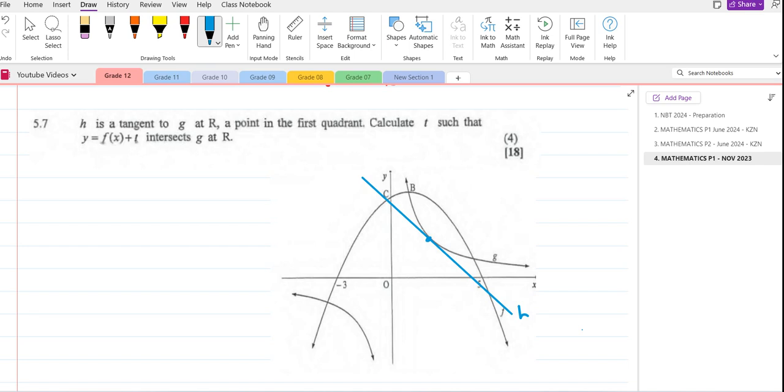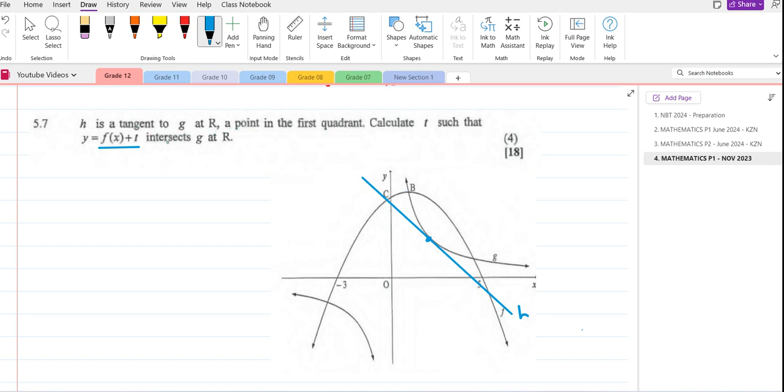Okay, first we need to find what f of x plus t is now. It intersects g at R. So you can have two equations of tangent lines.